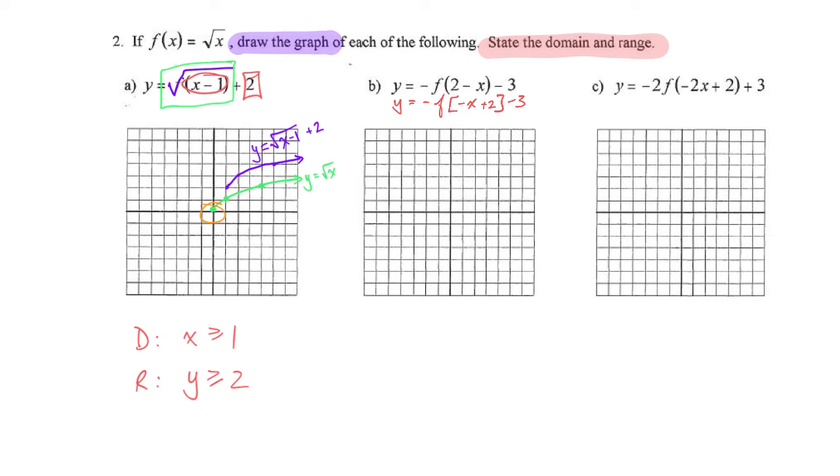That I need to go through and factor out that -1 from everything inside my function. And so our common mistake would have been that we would have thought that we should have been shifting that graph left 2, and now in purple you see, oh, it should have been a shift right 2.